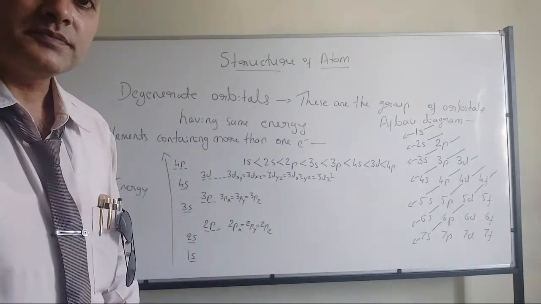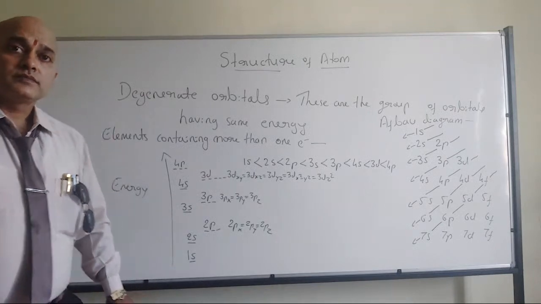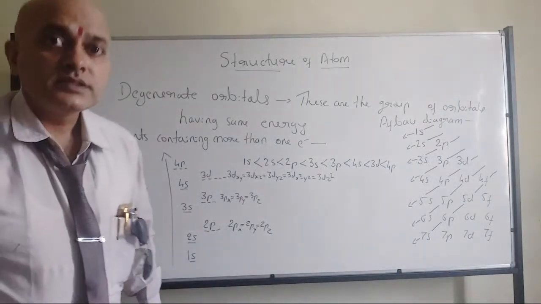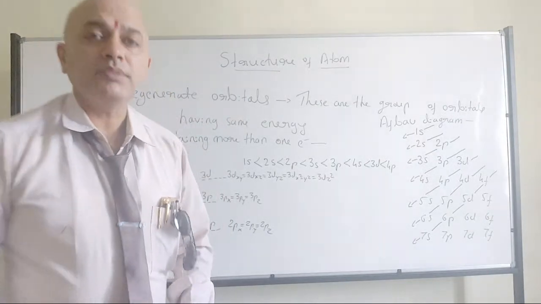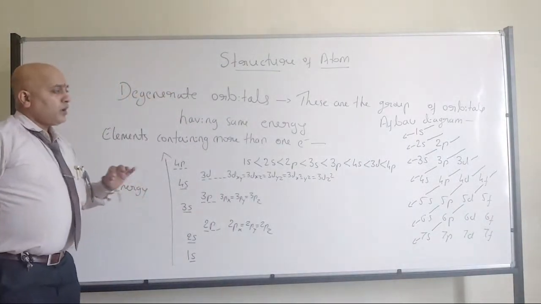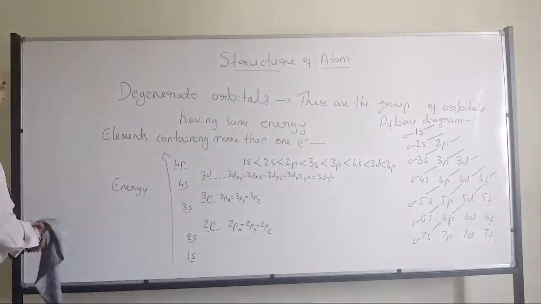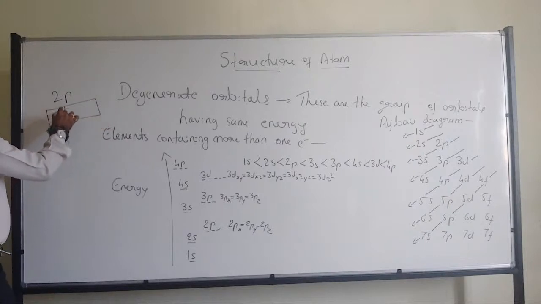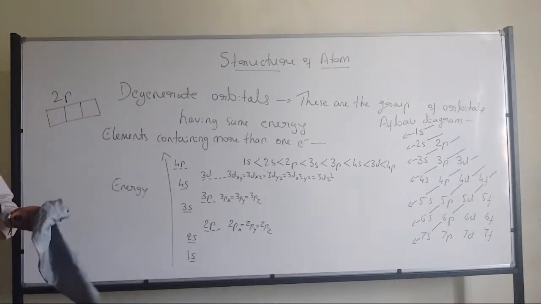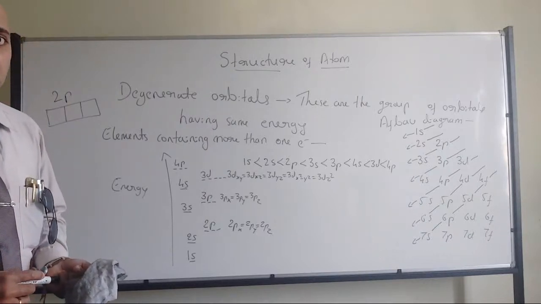Any doubts? Sir, I did not understand where are degenerate orbitals. Rohan, when I am talking about 3p or 2p, I will take 2p. I told yesterday that there will be three boxes and each box will be representing an orbital, right?